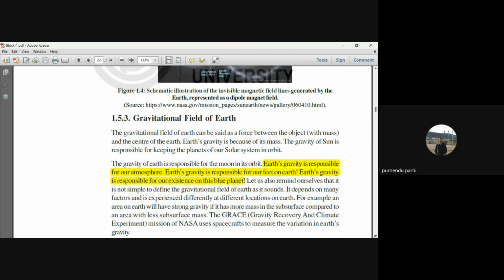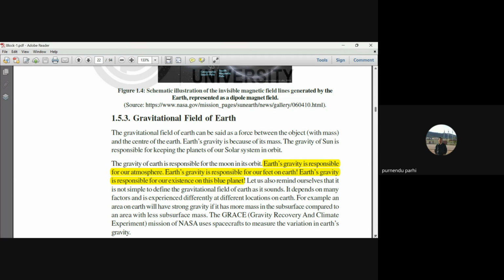Then gravitational field of Earth. The gravity of Earth is responsible for the Moon in its orbit. Earth's gravity is responsible for our atmosphere. Earth's gravity is responsible for our feet on the Earth. So it depends on many factors and is experienced differently at different locations on Earth.